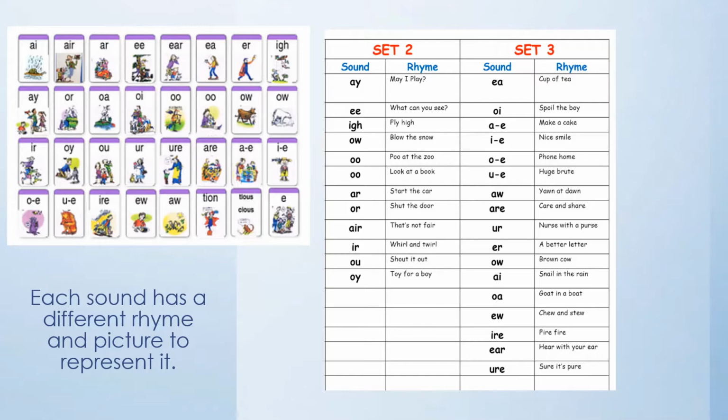For example, you can see the sound at the top here in set 2 is ay, and the rhyme is may I play. So to teach children, we show them the picture and we go through the rhyme, and then we show them the sound that they are learning today. Ay, may I play?